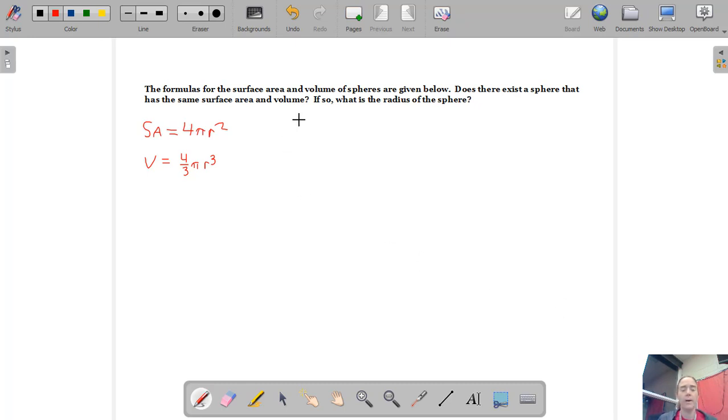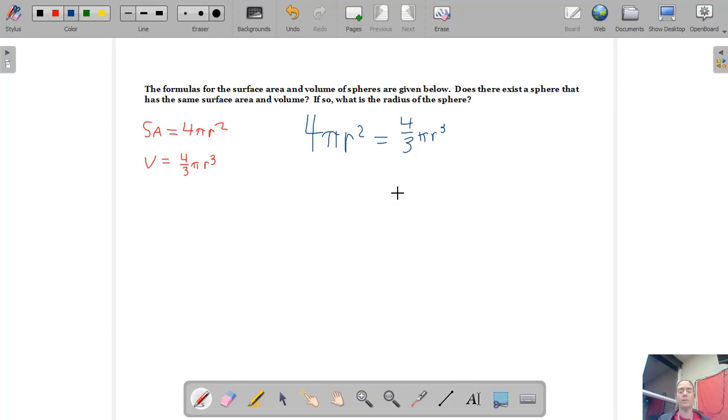Okay, and so I'm going to take my 4 pi r squared and set that equal to 4/3 pi r cubed.